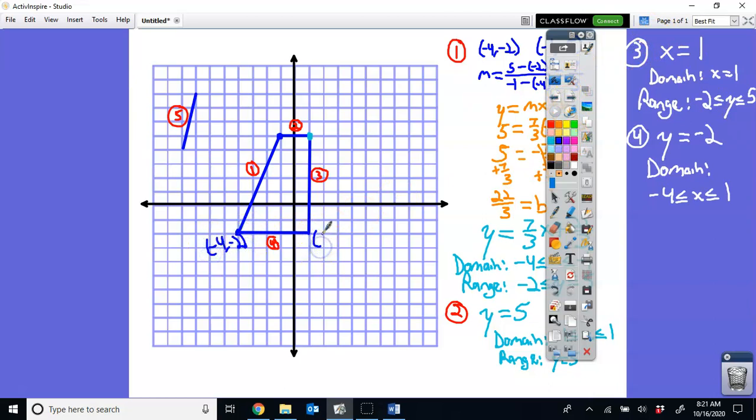This point right here is 1, -2. Notice my y value doesn't change, but my x values go from -4 over to 1. So that's one of the reasons that I use just the domain. But if I want to write the range too, it's okay. The range is just going to be a repeat of my equation because the range is -2 the whole time. So that's fine. You can write both of them, or if you just write the domain for horizontal and the range for vertical, that's fine.